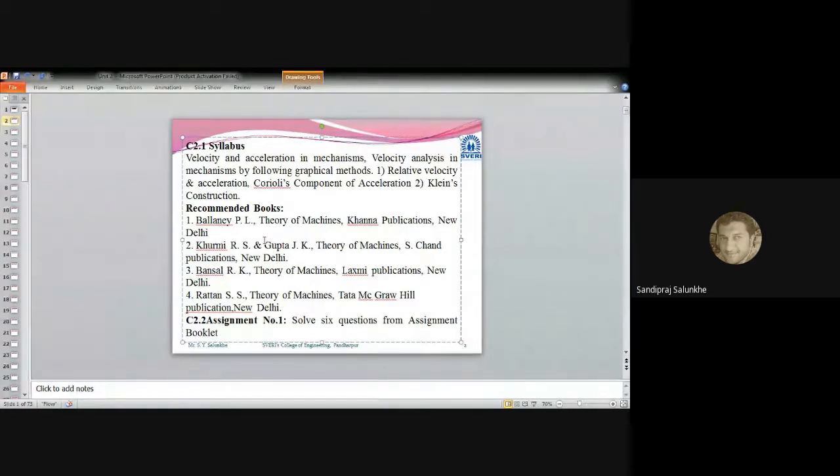If you go on reading Shigley's book, you will find it is just like a novel, and one by one all concepts will become clear. No doubt mathematical formulas and derivations are there, but you will find it like a novel. This is related to the books which you can refer to and study.